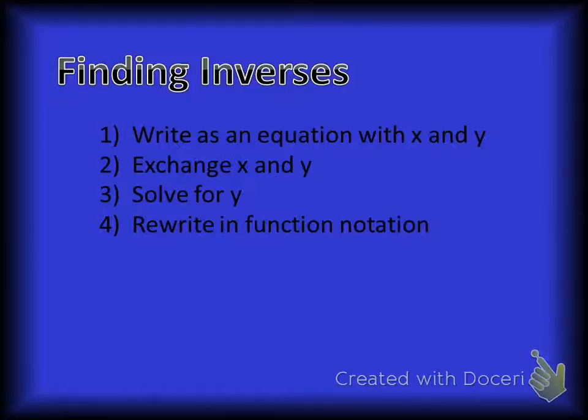Whatever algebra you have to do to solve for y, that's what you do next. And then the last step, you rewrite it into function notation. You solve for y in both equations? It's going to be a process. You rewrite it as x and y, then you flip x and y, and once you get to step 2, you solve for that y. It's one process, yeah.